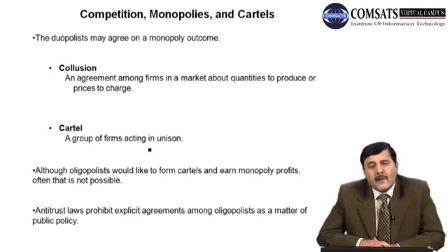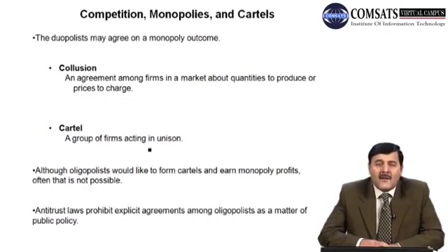So in an oligopoly market structure, collusion is an agreement that can be made between the firms in the industry about the price of the product to be charged and the quantity of the product to be produced. So one possibility is that they can write an agreement on how much they should produce and how much they should charge customers.